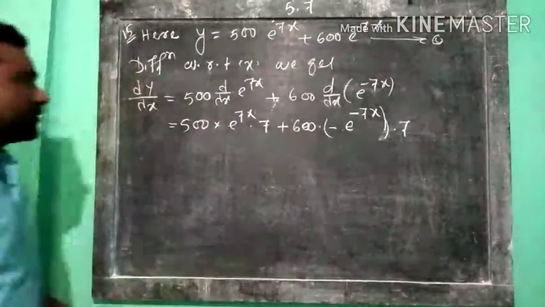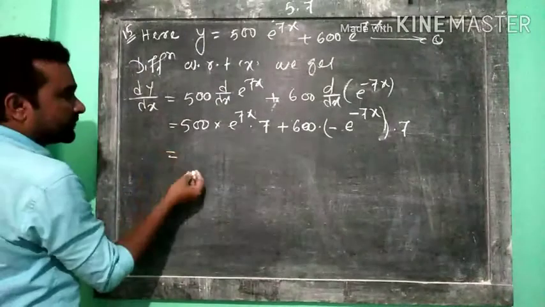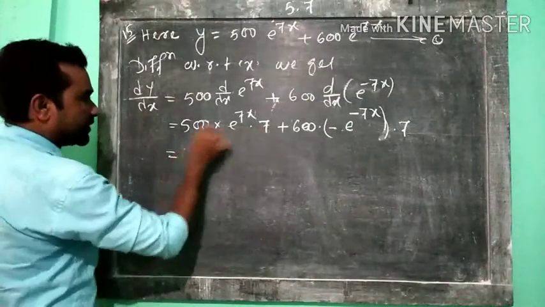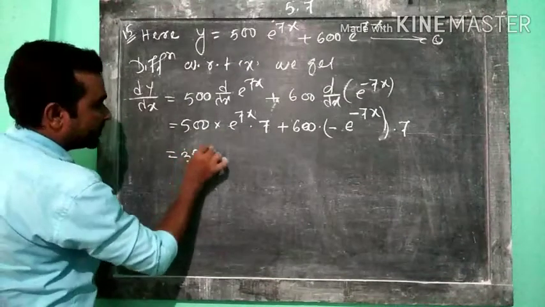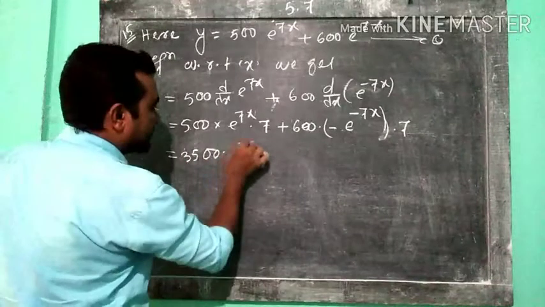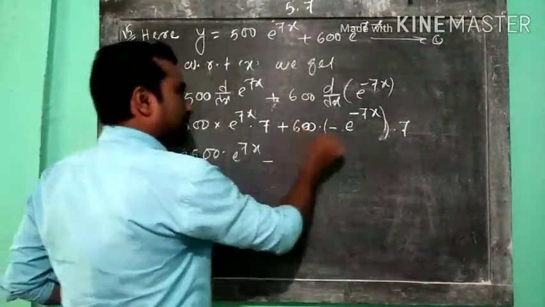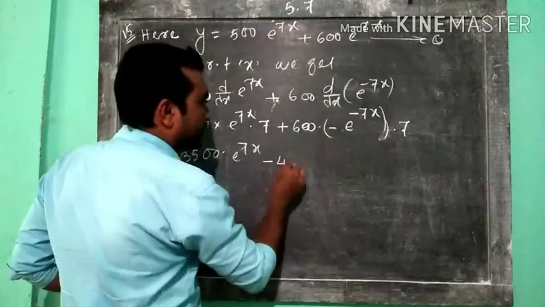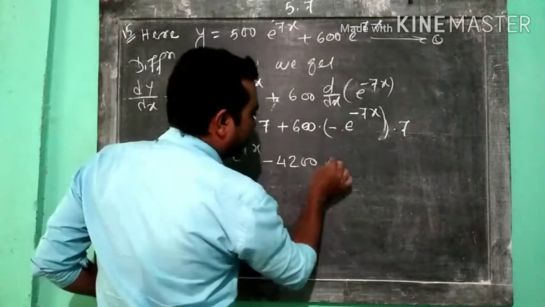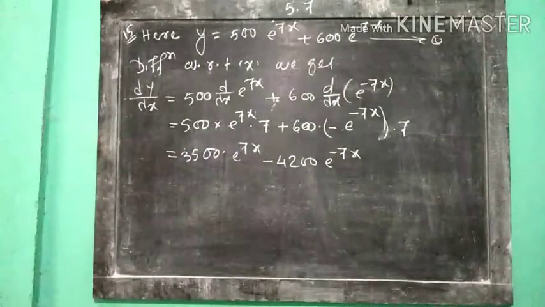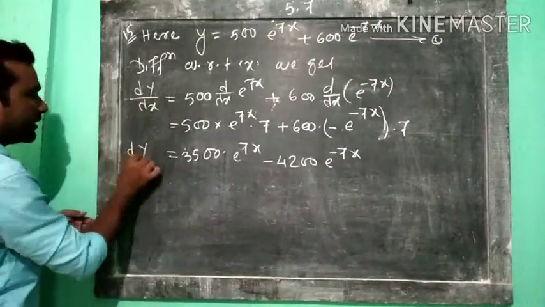So this is equal to 500 times 7, which is 3500 e to the power 7x, minus 6 times 7, which is 4200 e to the power minus 7x. This is dy/dx.